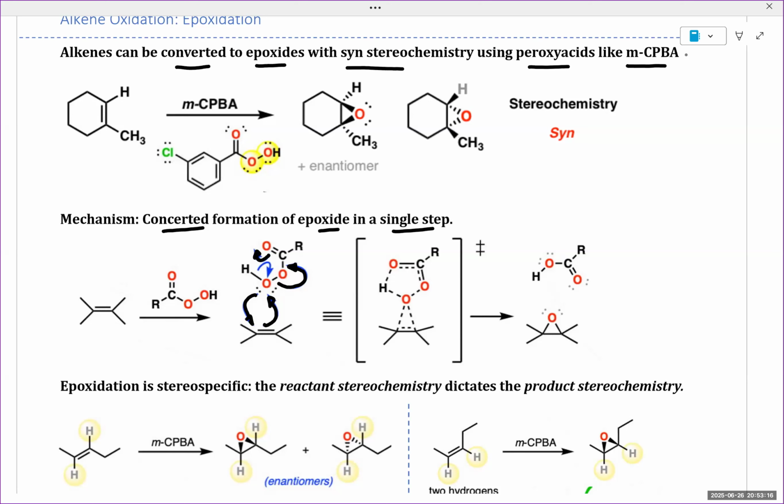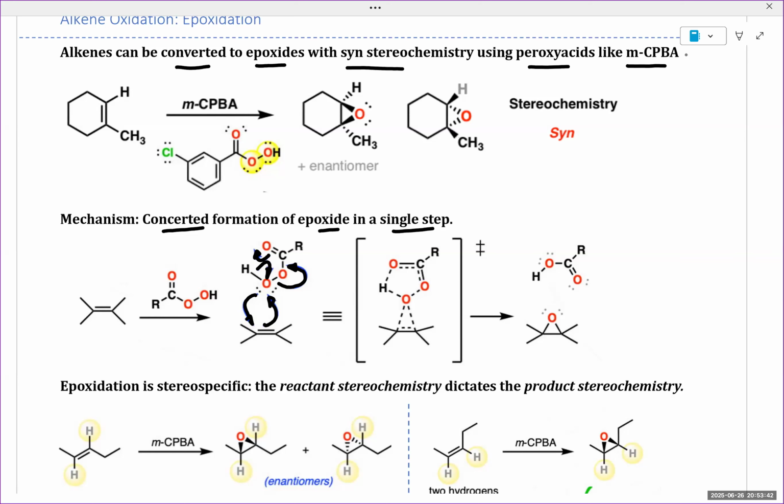We abstract a hydrogen. So in essence, what's happening here is we are forming two carbon-oxygen bonds, and we are breaking the peroxy acid oxygen-oxygen bond. This entire set of arrows occurs as part of a single mechanistic step. This is a concerted reaction.